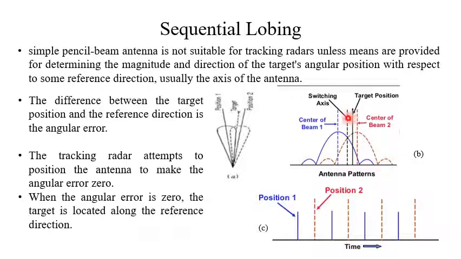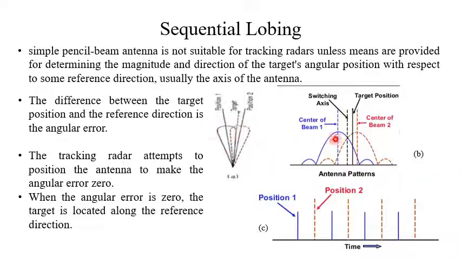This angular distance is the angular error. The job of this sequential lobing radar is to minimize this error to 0. So when the radar tracks the target, this angular error will be 0.